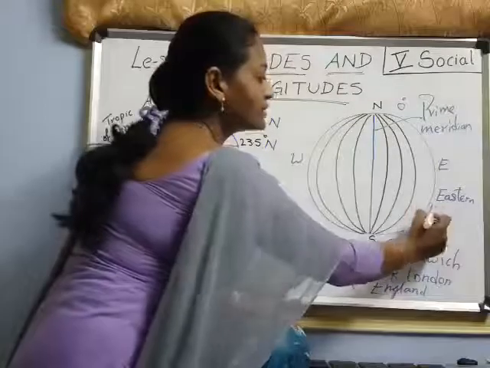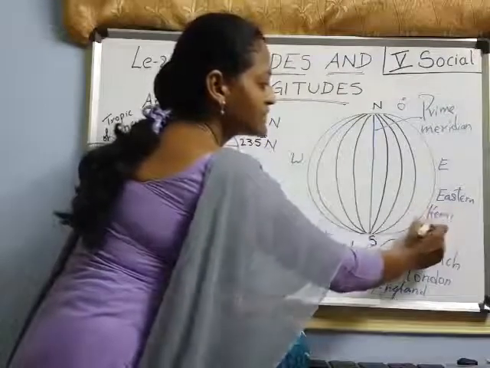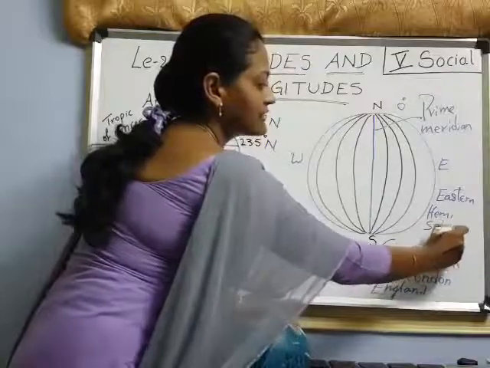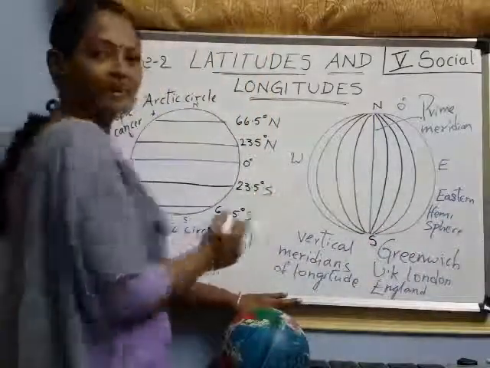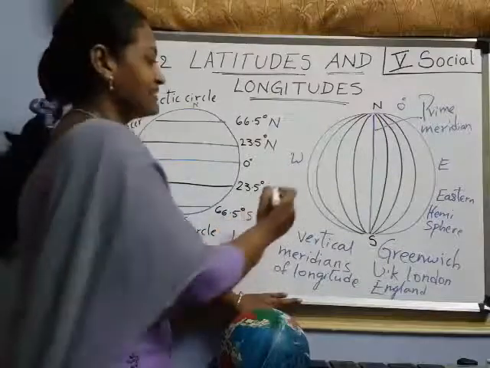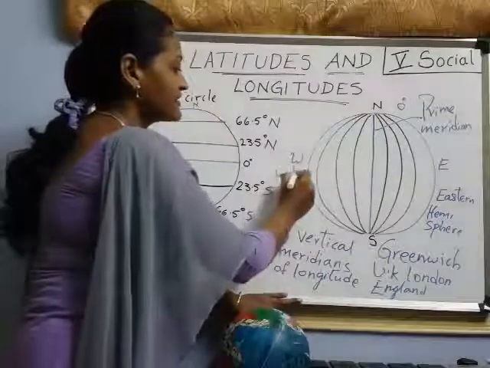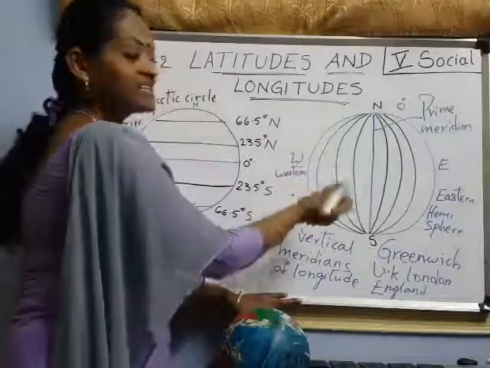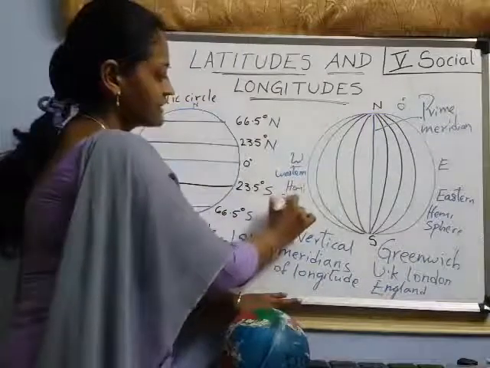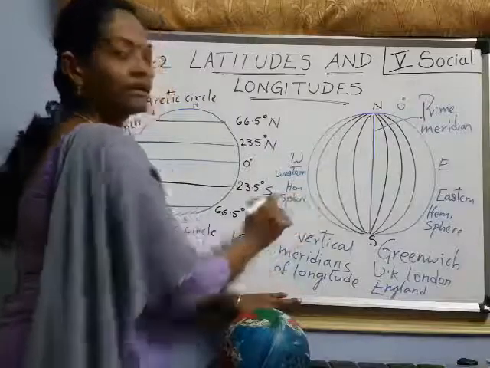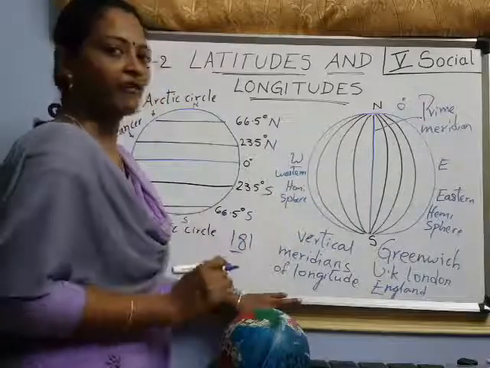I already told you, hemi means half, sphere means globe, it is round in shape, right? And the half towards the west side, tell me children now. Right, the western hemisphere, isn't it? Western means west side, hemi means half, sphere means globe, nothing but round.